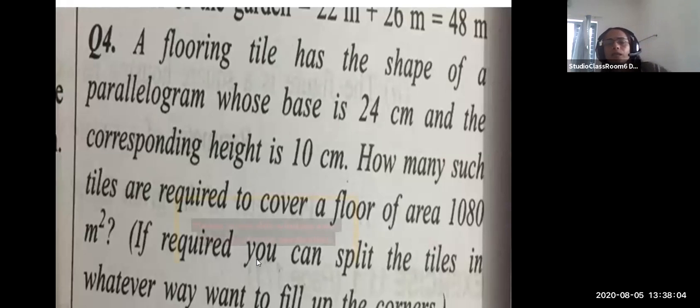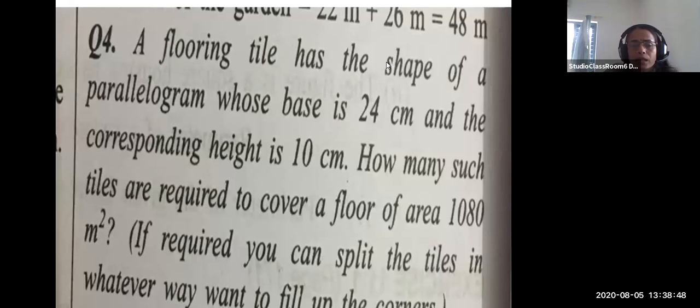A flooring tile has the shape of a parallelogram whose base is 24 centimeter and corresponding height is 10 centimeter.